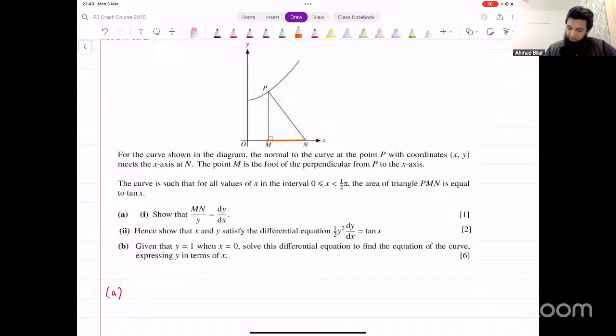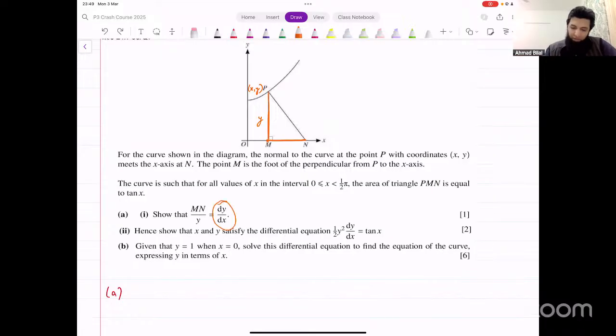The coordinates of P are x and y. If the coordinates of P are x and y, what is this perpendicular going to be? This perpendicular is going to be y, right? This perpendicular is y.